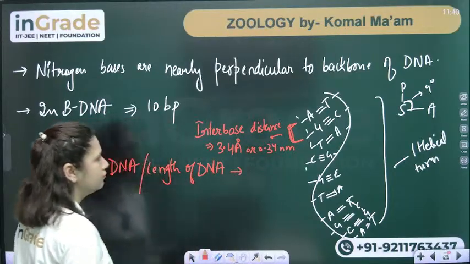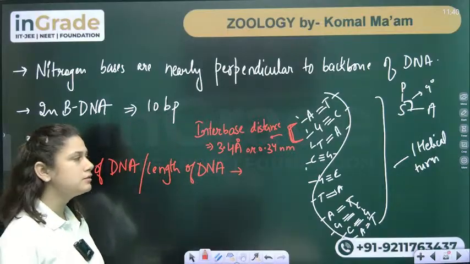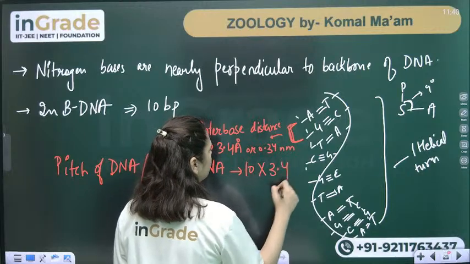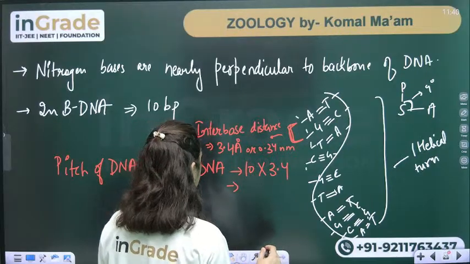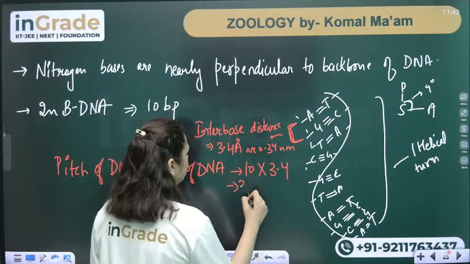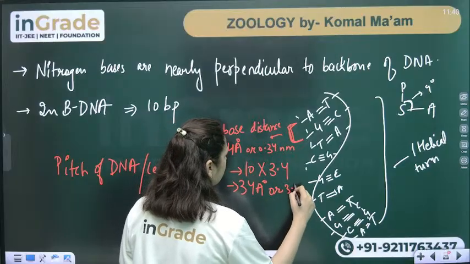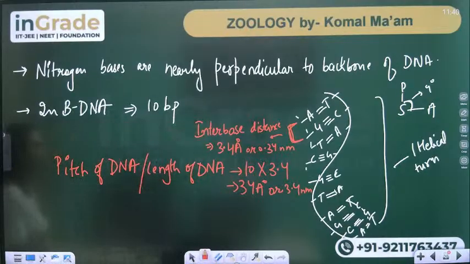If the interbase pair distance is 3.4 angstrom, then we'll multiply it by 10. 3.4 angstrom will become 34 angstrom, or 3.4 nm. So it will be the whole length of the DNA.